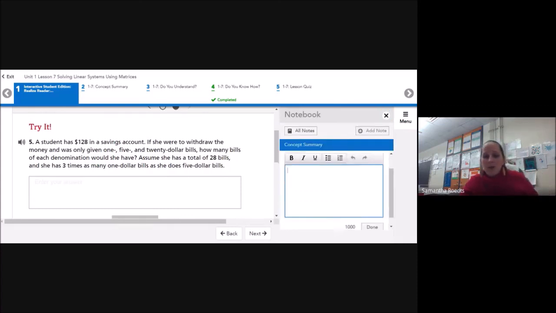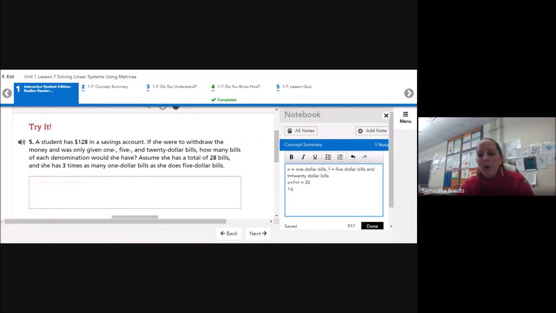So I'm creating 3 different equations. I'm going to say O equals $1 bills, F equals $5 bills, and T equals $20 bills. Okay. So I'm going to create 3 equations. I know O plus F plus T equals 28. Okay.